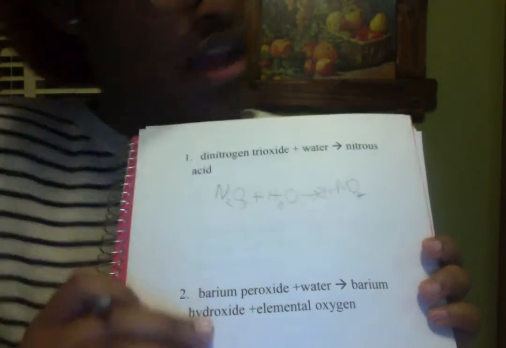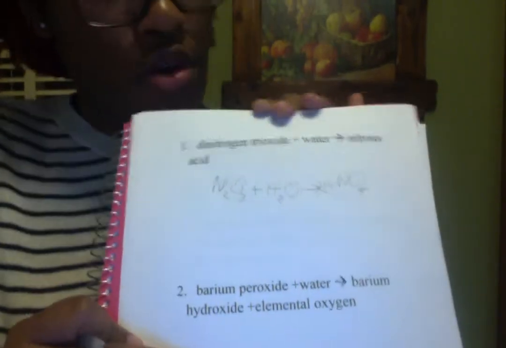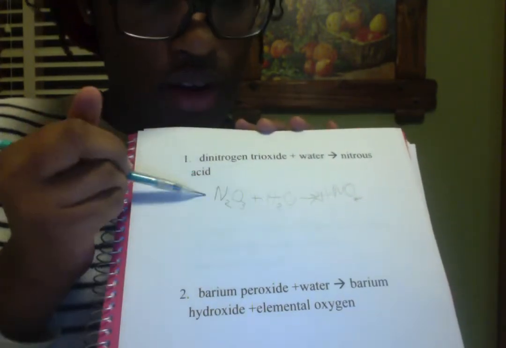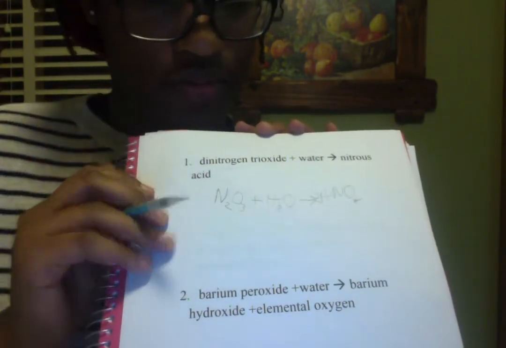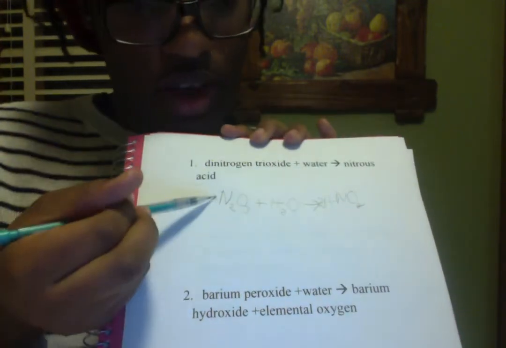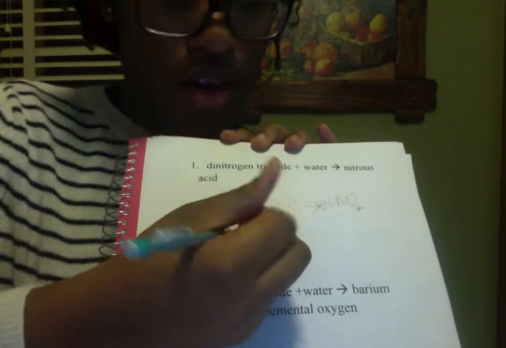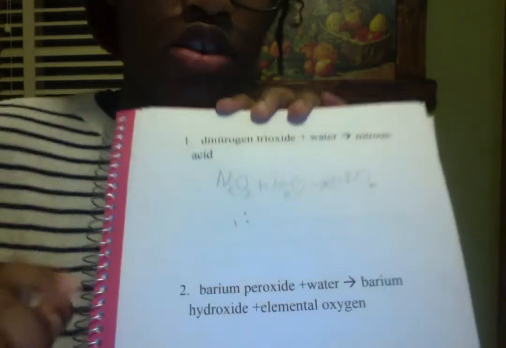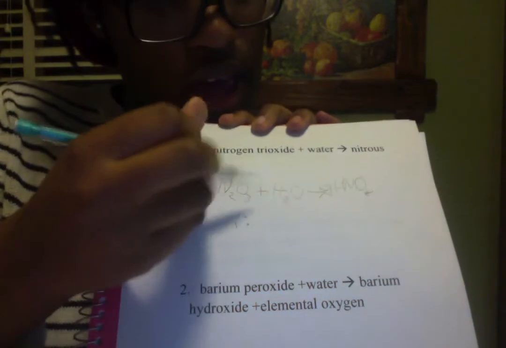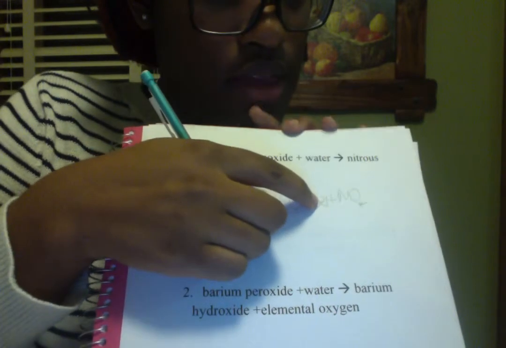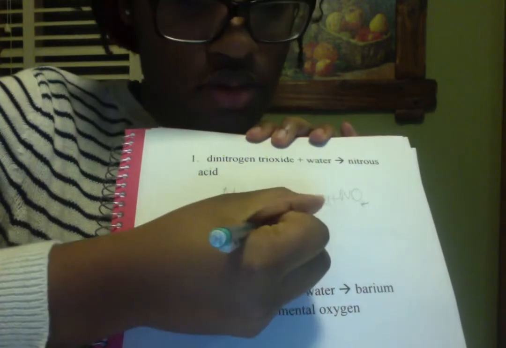Then you must write the ratio of coefficients, which is just the number in front of each molecule. There's nothing in front of here, so that's automatically a 1. So you write 1, colon, 1, and since there's a 2 in front of this molecule, you're going to put a 2.